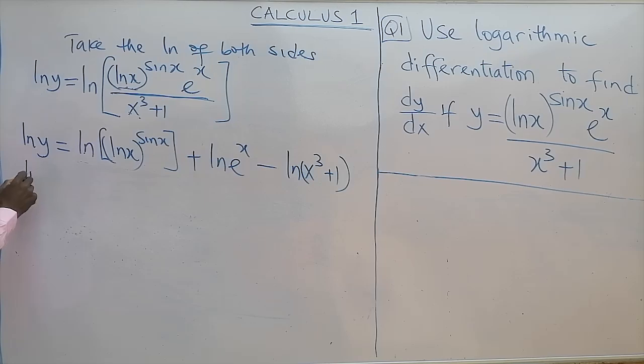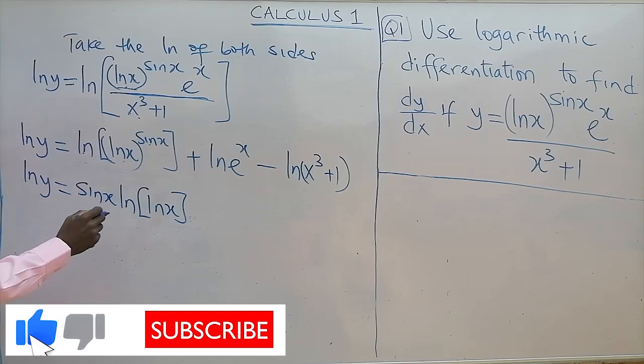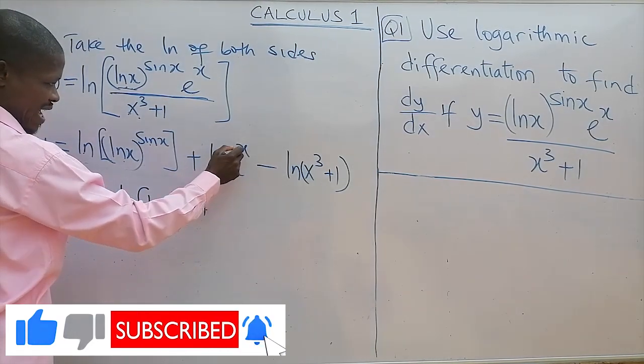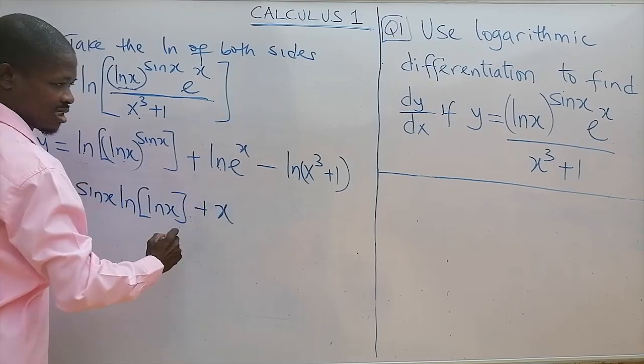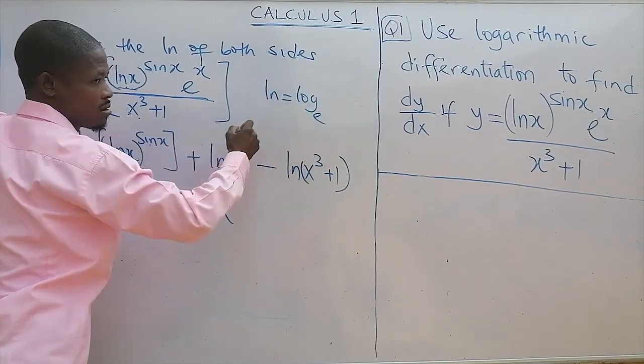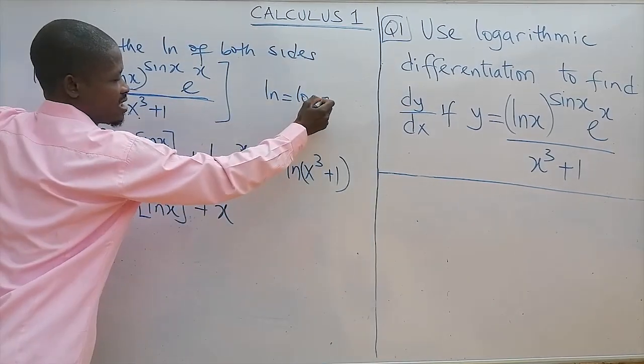This will give us ln y equal to, with this power coming to the front, that expression, then plus this one: ln of e to the power x gives you x, because ln is a logarithm to base e, and the base here is e.